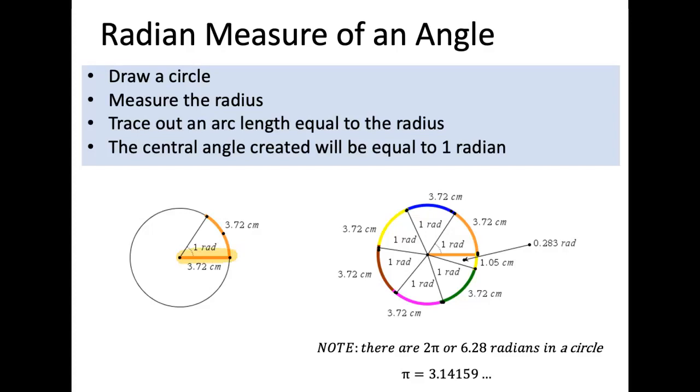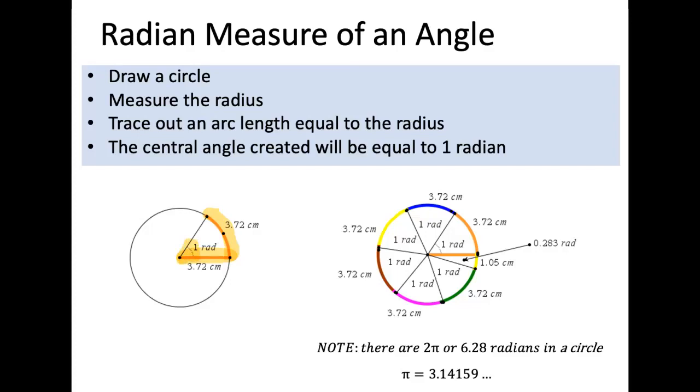If that's 3.72 centimeters, then that's the radius. We take that, and it's like we've cut a piece of string the same length and laid it out. The length of that arc there is 1 radian. So the central angle is equal to 1 radian.